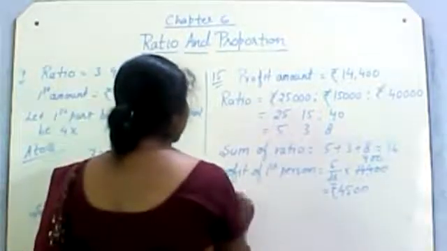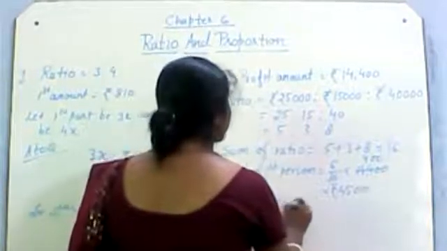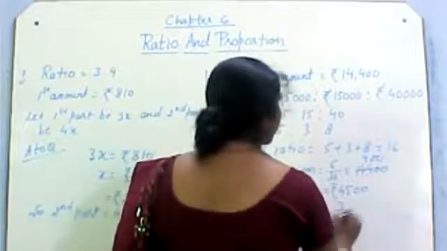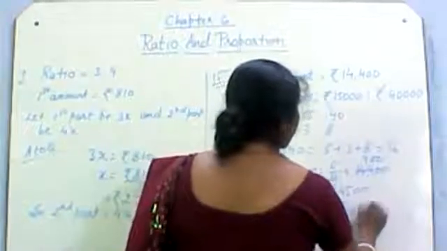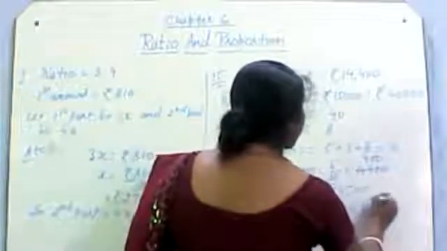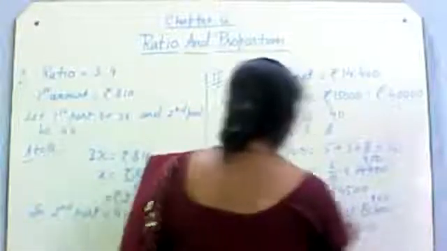Profit of second person is 3 upon 16 into 14,400. Same thing, 900 will come and 2,700 will get the second person.